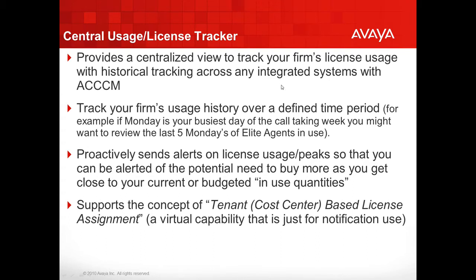A new feature in Release 7, we tie the new notification server into the license tracker environment, which gives you the ability to receive email notifications and SNMP alerts about license capacity.